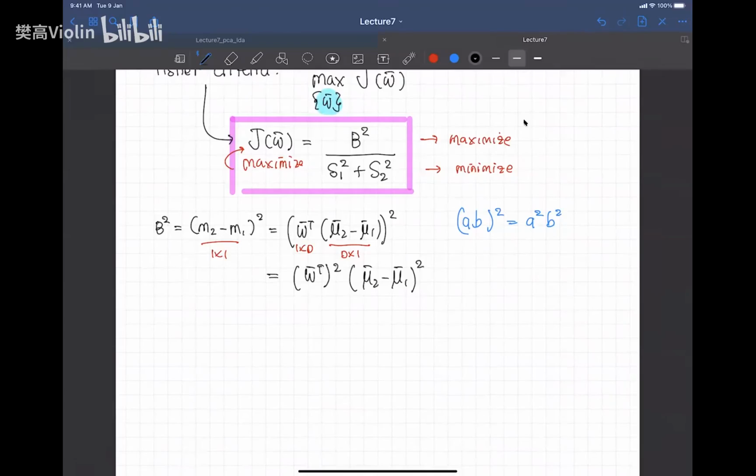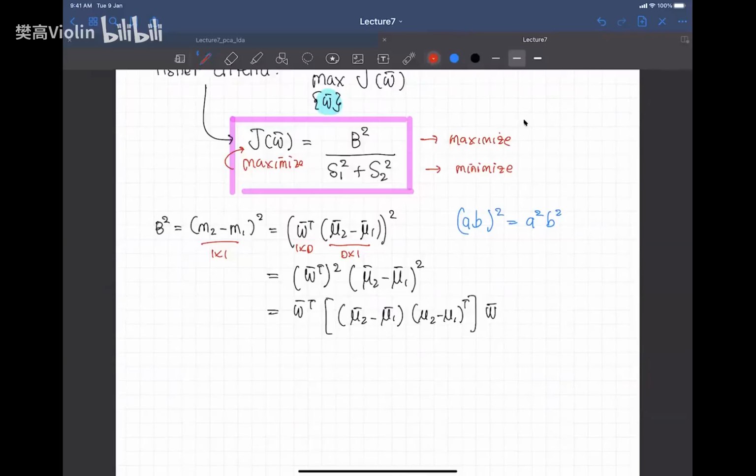It is not a correct notation, of course, because these are vectors and you cannot square them. So the correct notation should be W transpose multiplied by mu2 minus mu1, mu2 minus mu1 transpose multiplied by W.